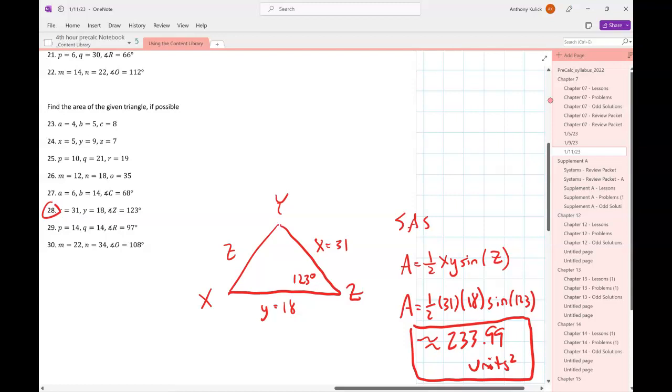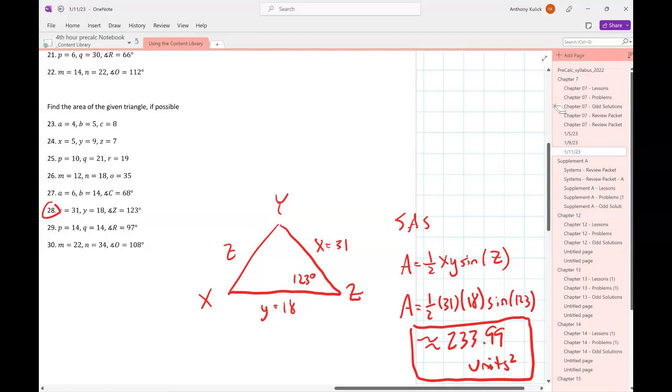I don't know that there's a side side angle one on here, to be honest with you. And it's not something I'd expect you to be able to do. But it just means that if you had a side side angle, basically you have to solve the triangle first so that you have the side angle side situation to plug into the formula.